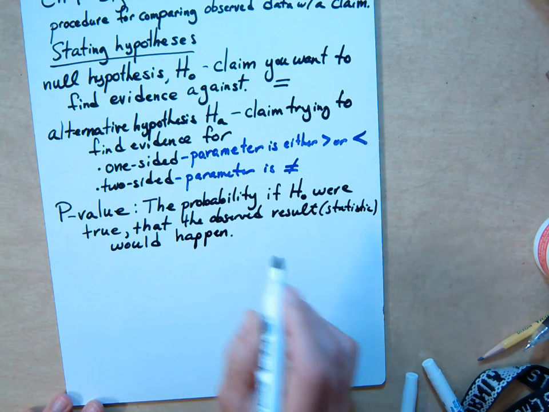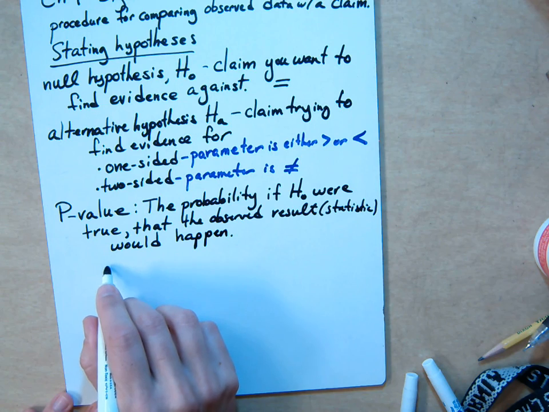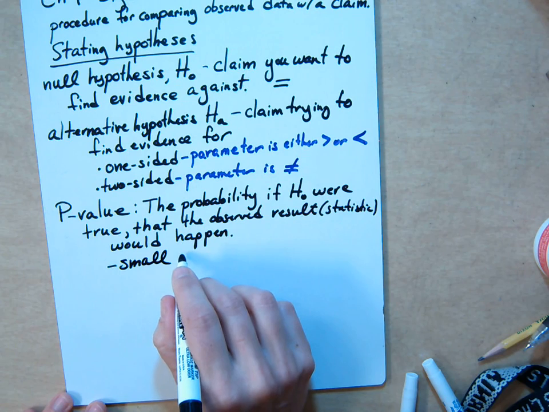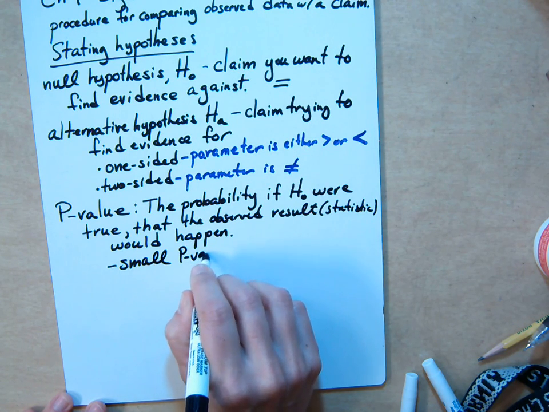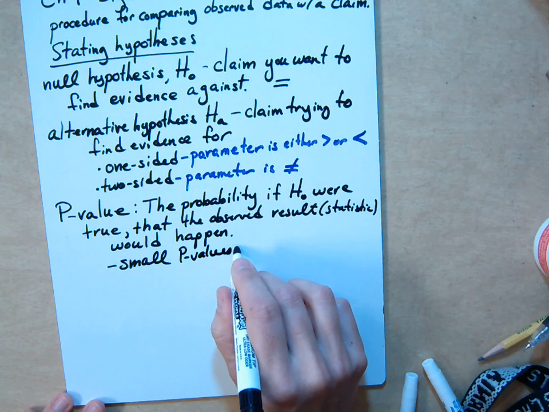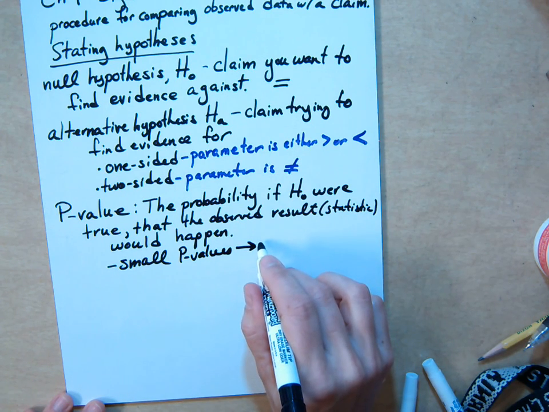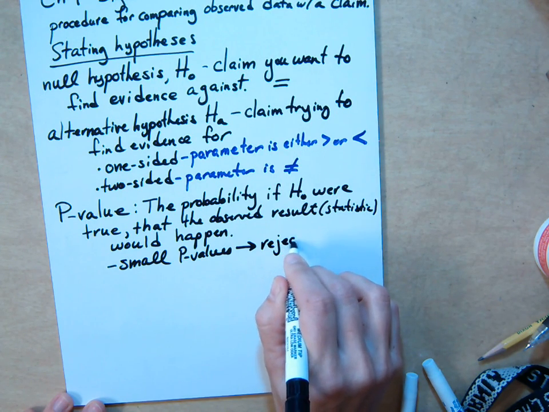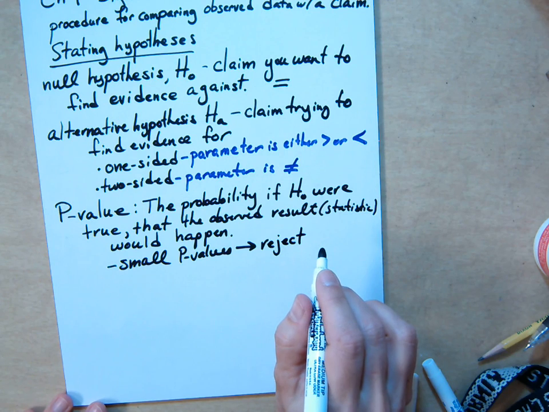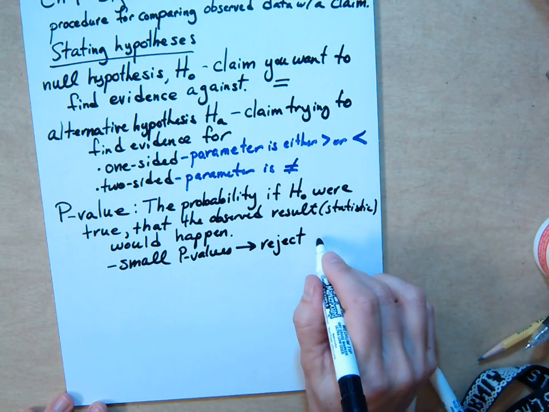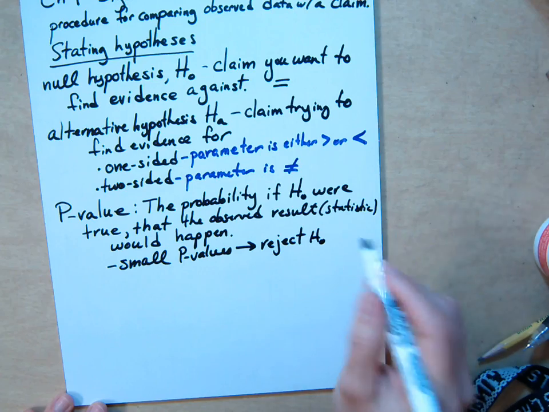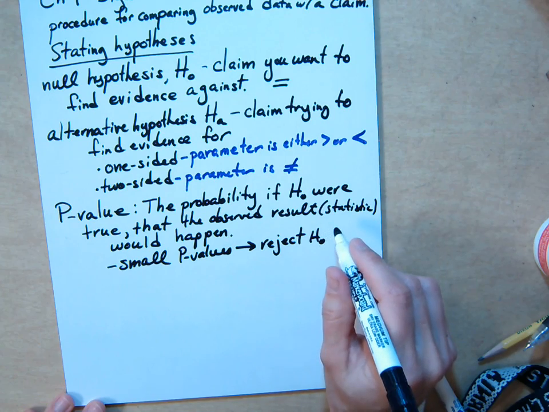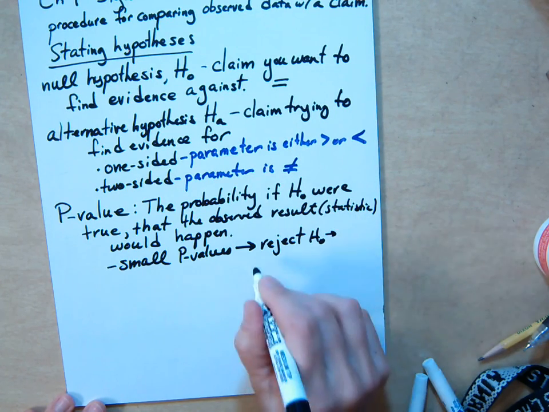Okay, so what we want ideally is we want small p-values, and we'll talk about later how to calculate that. So don't worry about that. Small p-values, we want that, because that means we can reject H0. If there's a very small likelihood that it would ever happen, then we can reject H0 and therefore conclude what we're trying to prove, which is the alternative hypothesis.